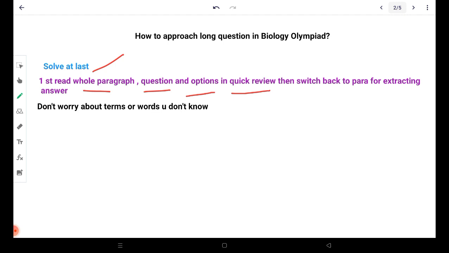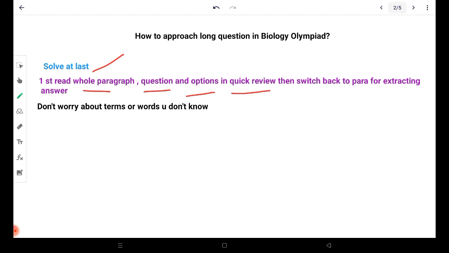You can easily extract the answer from the given graph or any pictorial representation, without reading the whole paragraph again. So don't waste too much time reading line by line and understanding all the terms. First, take a quick overview of all the questions and options.